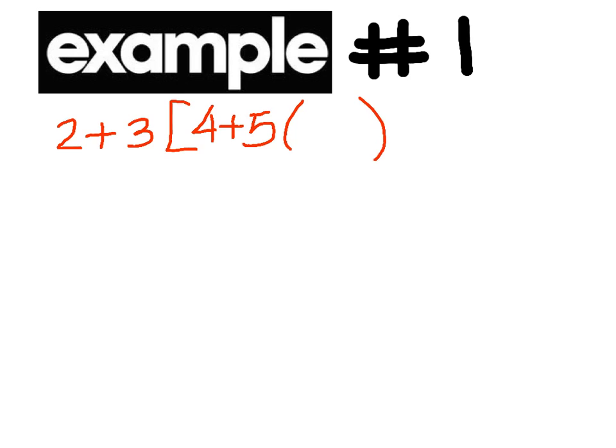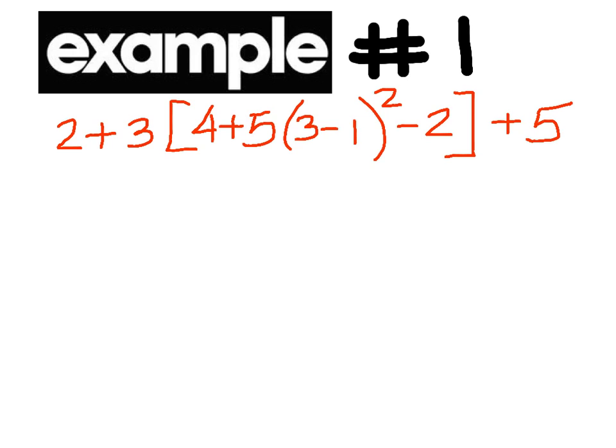Example number 1: 2 plus 3 times the quantity, 4 plus 5 times the quantity squared of 3 minus 1, close that quantity, and then subtract 2, close the larger quantity, and then add 5.